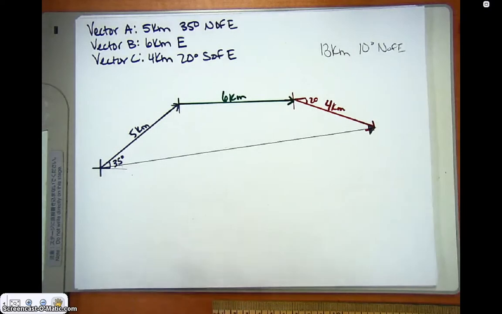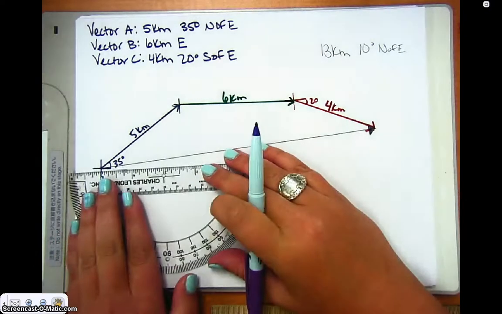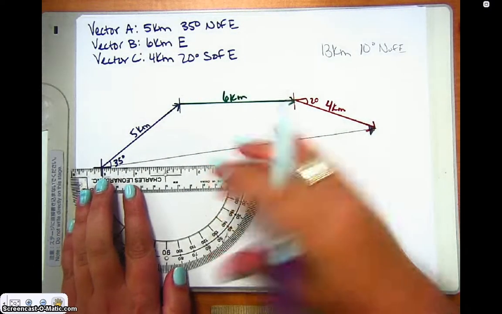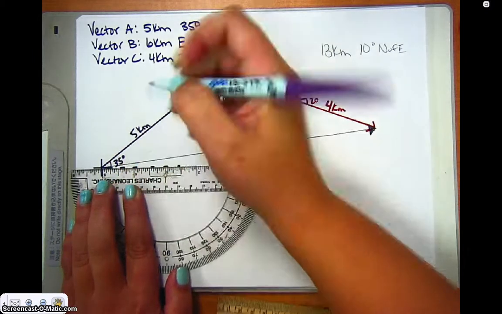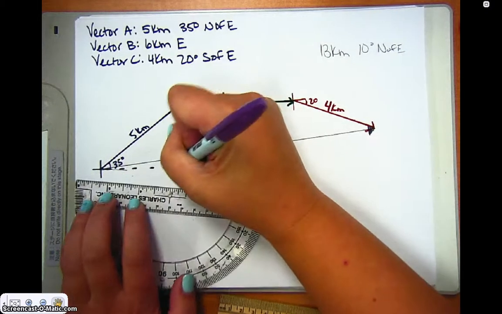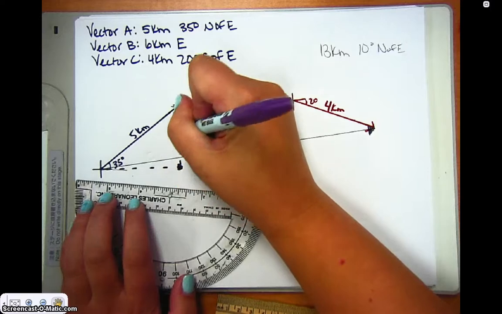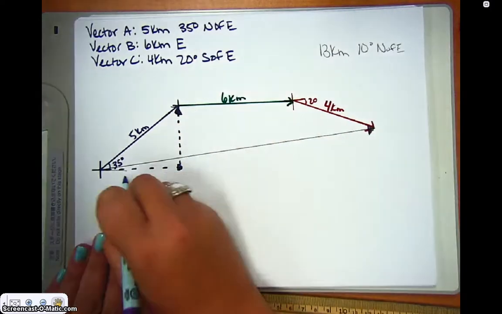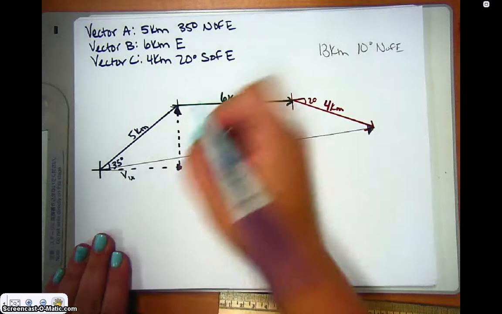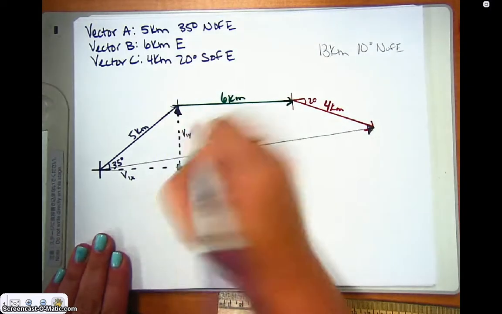So we're going to take the x and y components of each of our vectors. So let's start with the first one. Got an x here to the right and a y up, right? So this would be vector 1x, and this would be vector 1y.